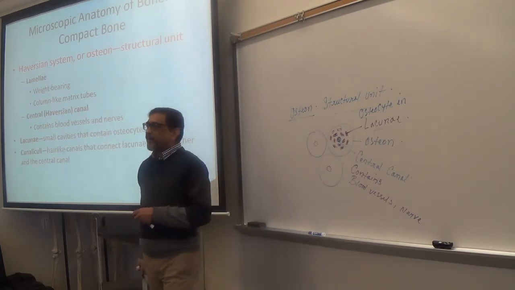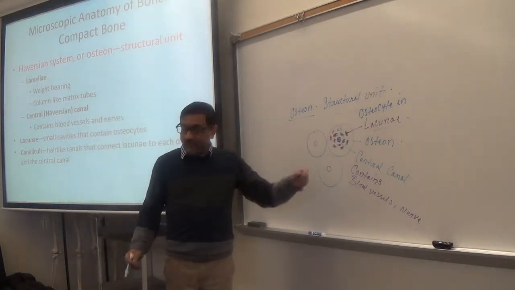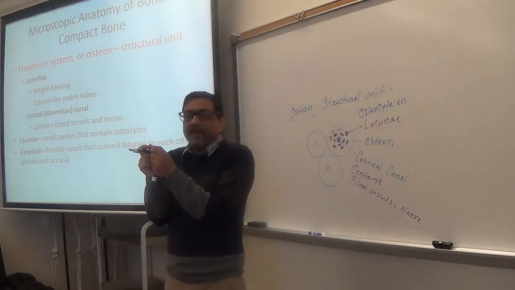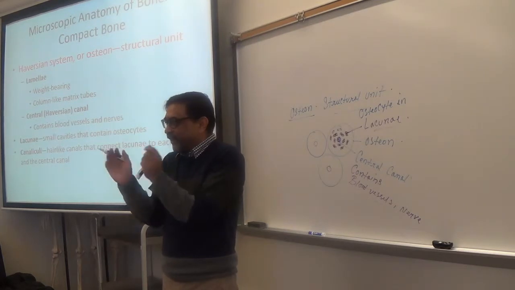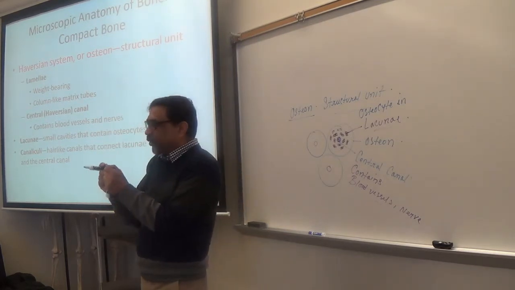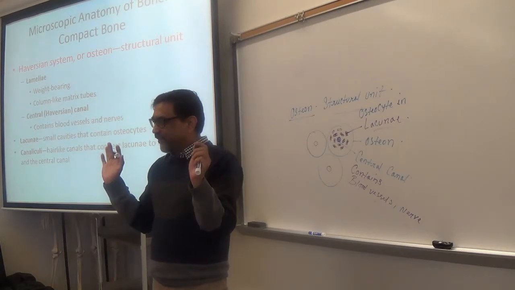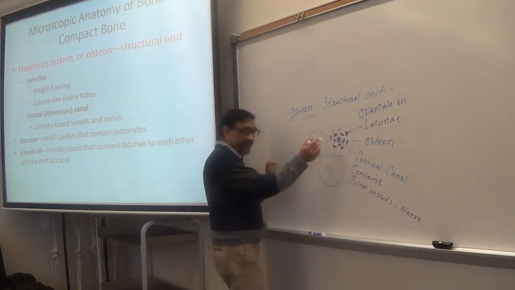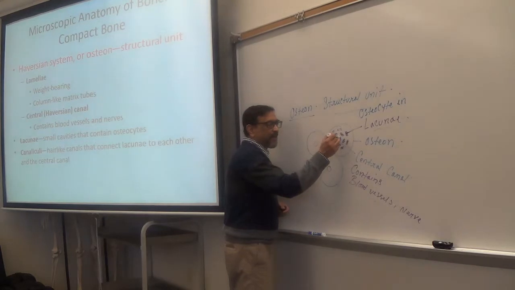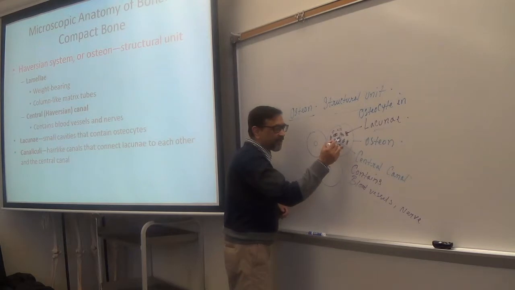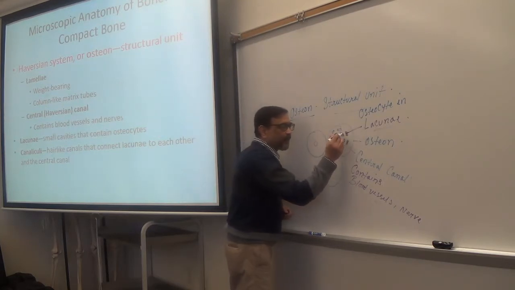Now, you know these osteocytes are sitting inside the lacunae, right? But they are alive. They are not dead. So they need nutrition and oxygen. So what happens? From the central canal, fine channels, very thin, like hair-like channels, go to lacunae, like this. And also, one lacuna is connected to another by those fine channels.